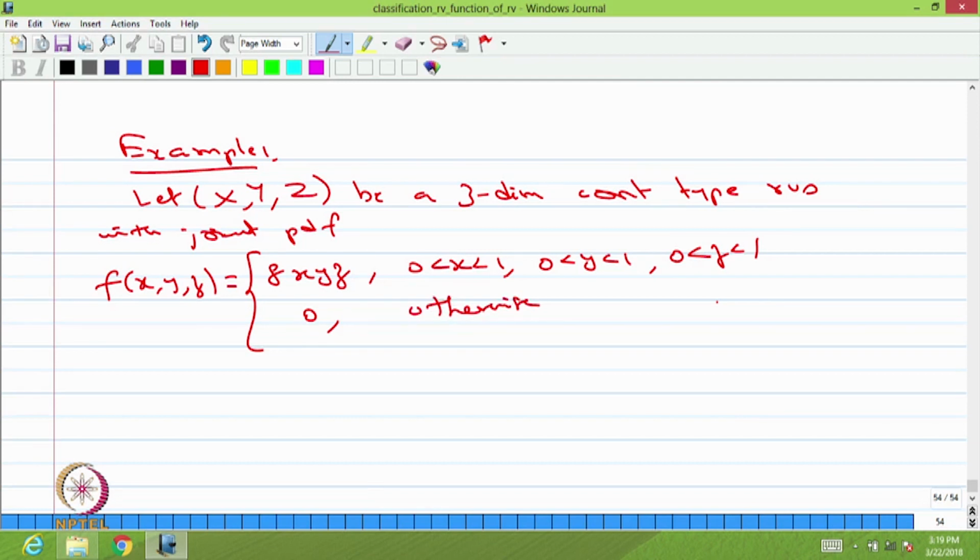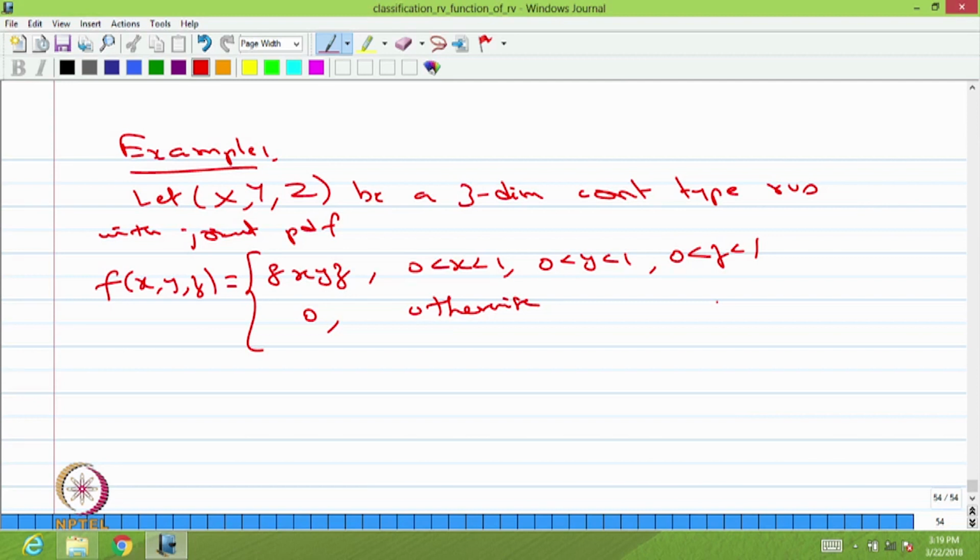We can verify whether this is a joint probability density function by integration from 0 to 1, 0 to 1, 0 to 1, of 8xyz dx dy dz, that is going to be 1.